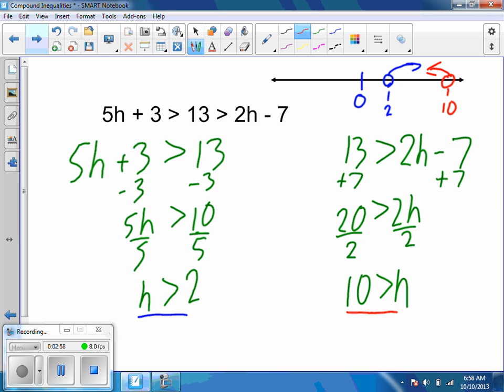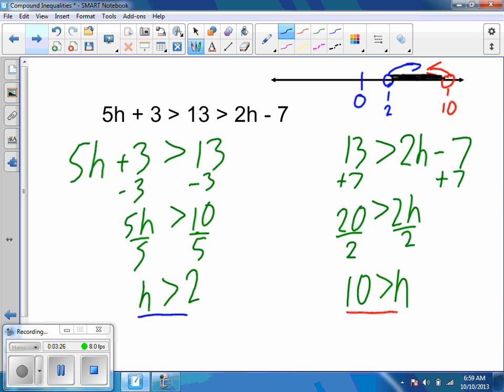As you look at this graph, the part that's the same is the solution set. The part that's the same is between these two circles. That's the part that's going to be the solution set for this one. The two lines overlap at that spot. So when we're looking for an and statement, the solution set is the numbers on the overlapping of the two lines when we graph them.